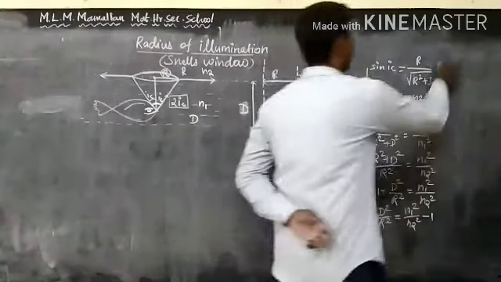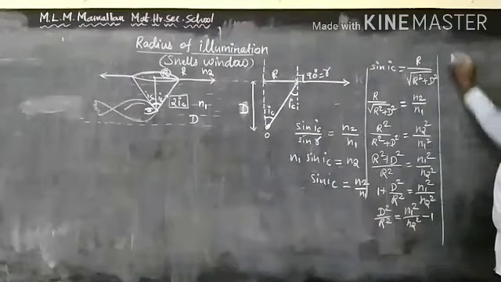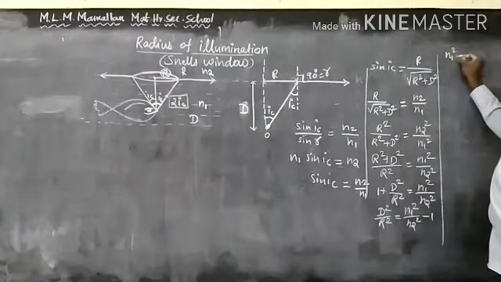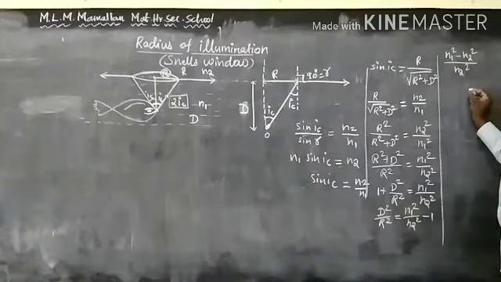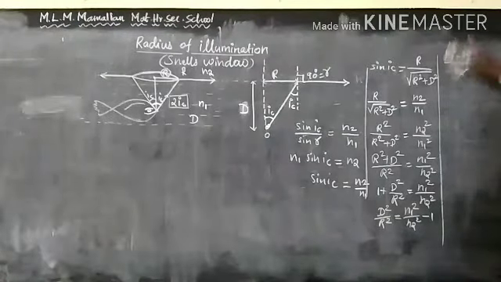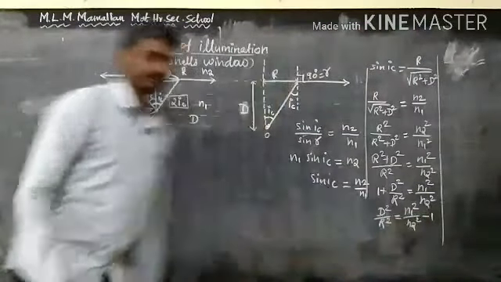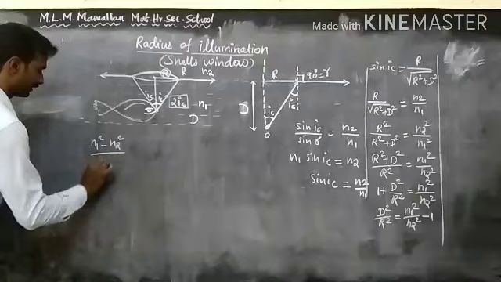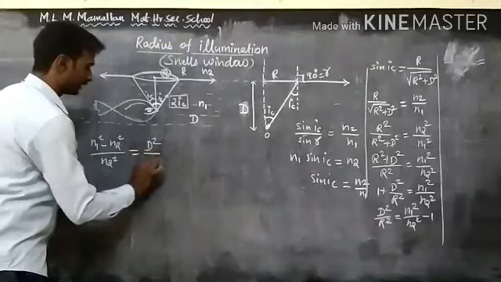Okay, taking the LCM on the left hand side, N1 square minus N2 square divided by N2 square is equal to D square divided by R square.